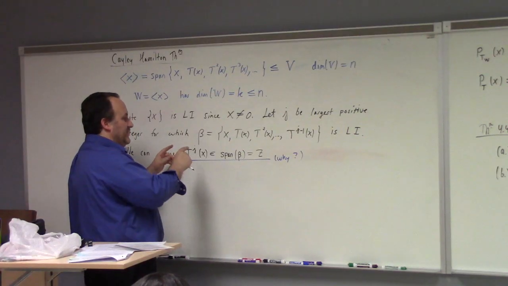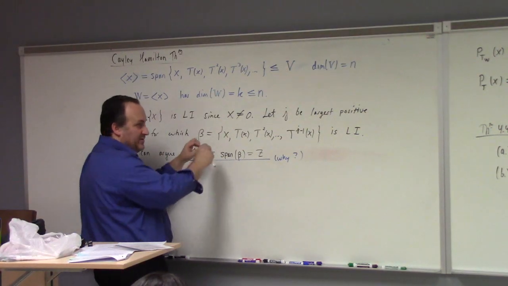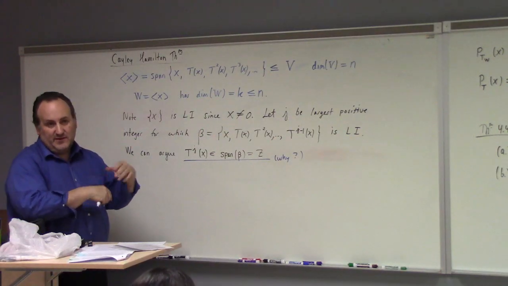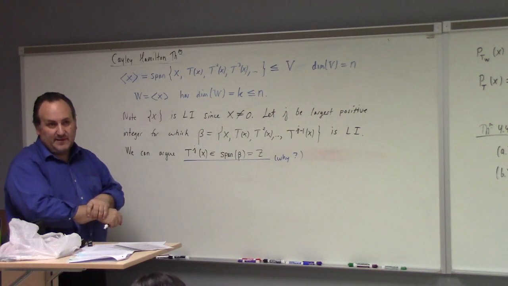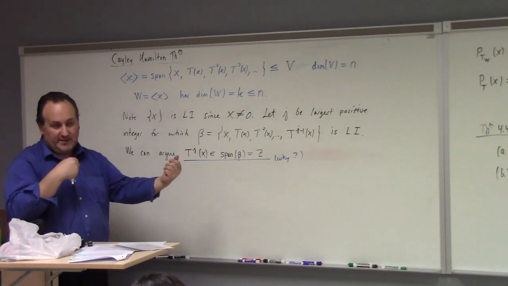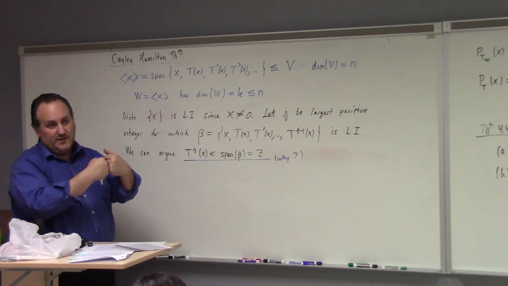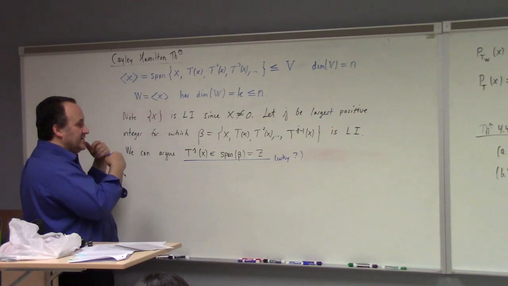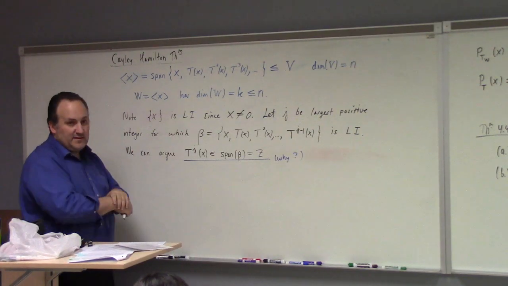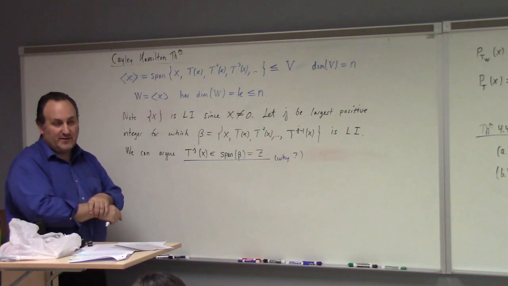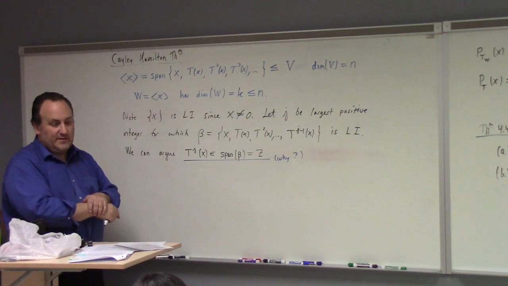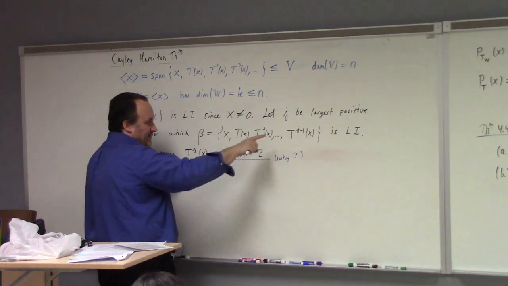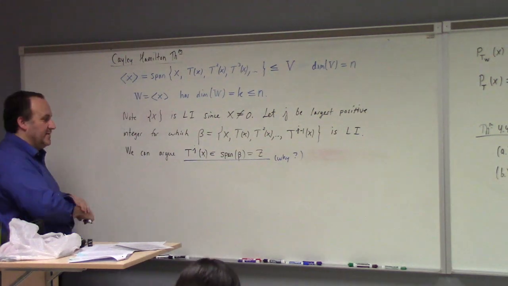Because remember, if you take something outside of the span and you union it with a linearly independent generating set, you get a new linearly independent set. That's one of the ways we can enlarge a linearly independent set, by adjoining vectors outside of the span of the set. But then that contradicts the maximality of this set, being the largest linearly independent set. For that reason, this has to be in the span. That's the argument.